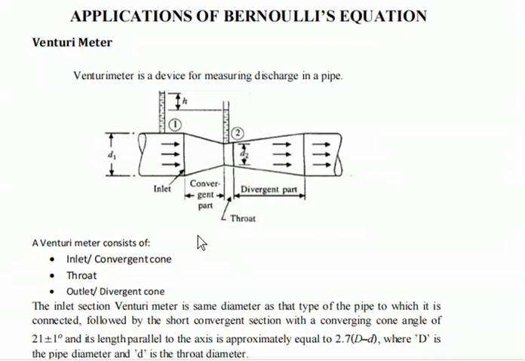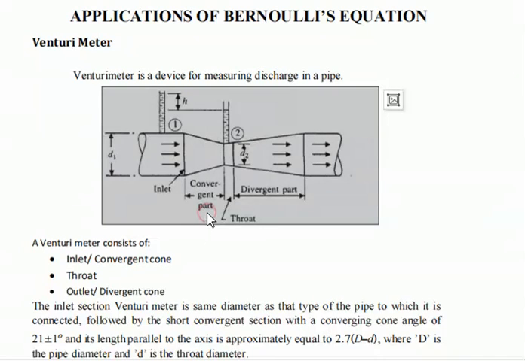This gives the length of the convergent part, where capital D is the pipe diameter and small d is the throat diameter.